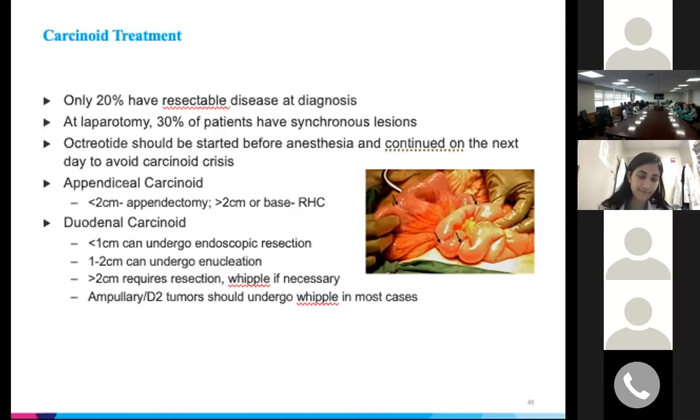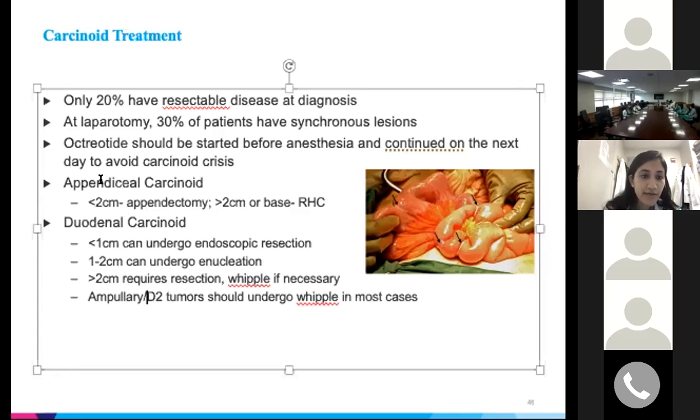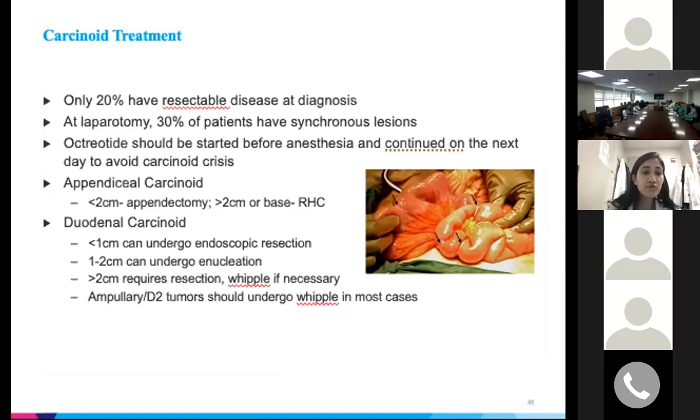You do your lymphadenectomy because it's usually associated with mesenteric nodes, and it also gives you prognostic indicators, but there are no specific margins on either side of the small bowel as long as you can clear it. Yep, exactly. Thank you, Dr. Davino. So again, Dr. Davino pointed out that for appendiceal carcinoids, 2 centimeters is the cutoff, but you definitely need to watch out for other high-risk features like lymphovascular invasion that will warrant a formal right hemicolectomy.